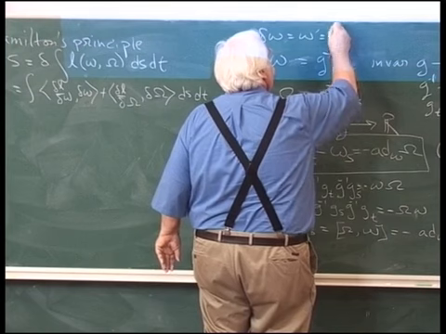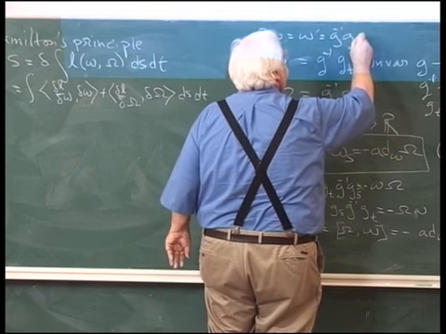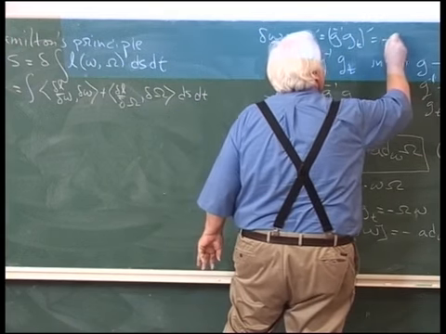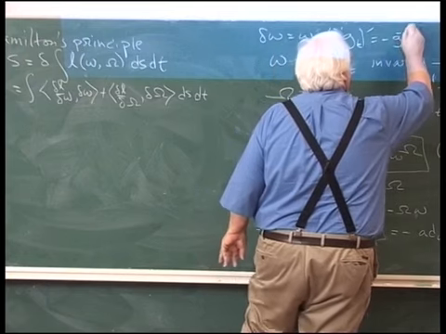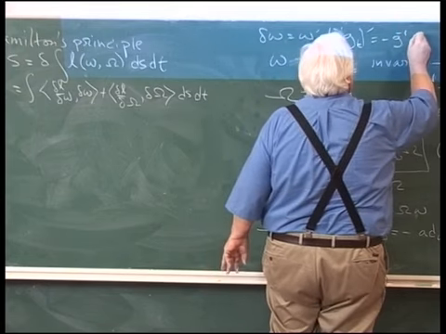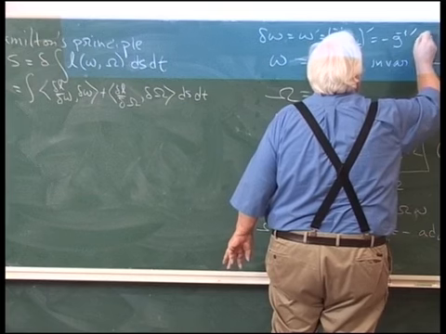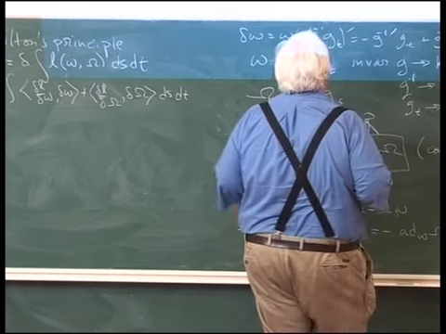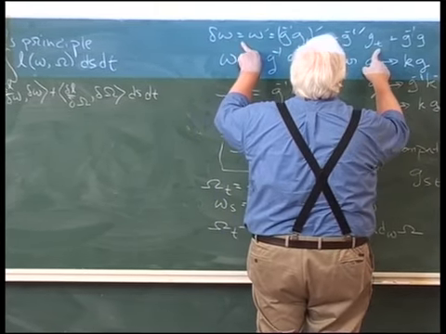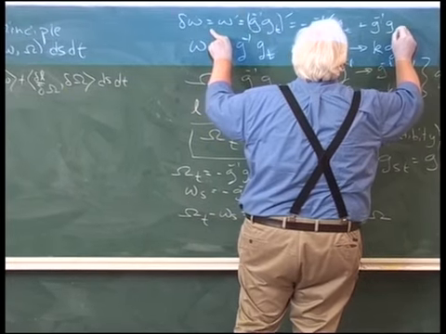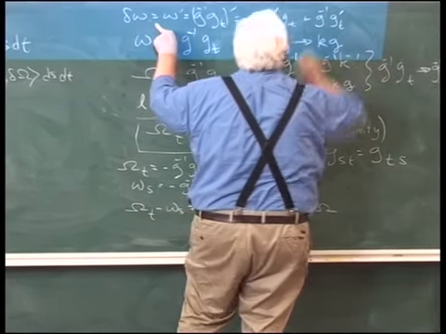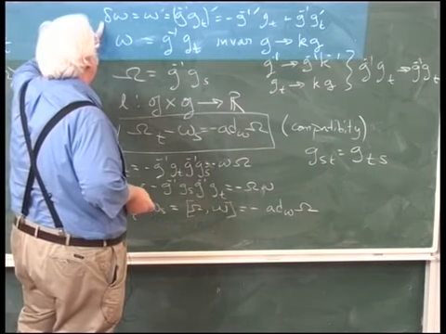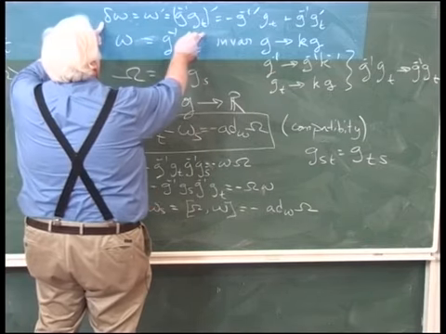It's G inverse G_T prime, which is minus G inverse G prime G inverse G_T plus G inverse G_T prime. Okay, so this guy is delta omega.